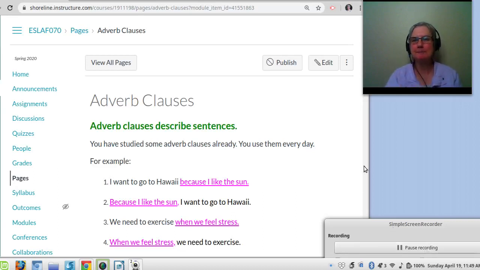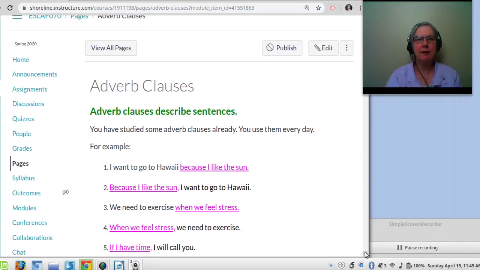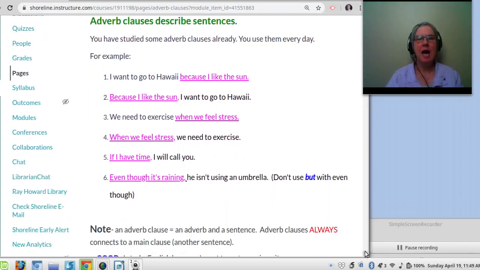Okay, here we go. Number one, I want to go to Hawaii because I like the sun. Number two, because I like the sun, I want to go to Hawaii. Number three, we need to exercise when we feel stress.